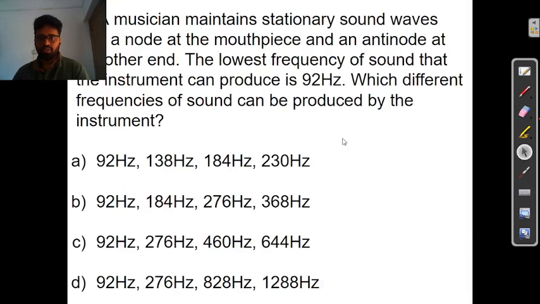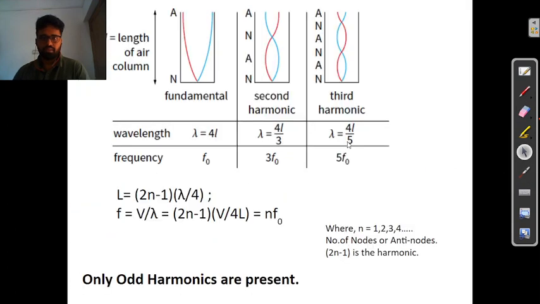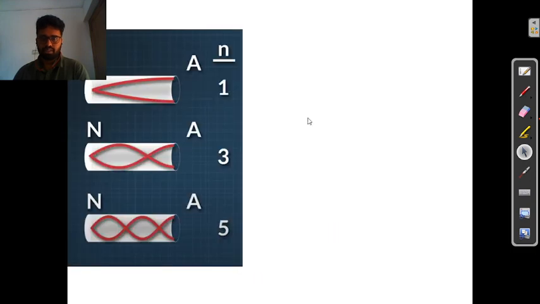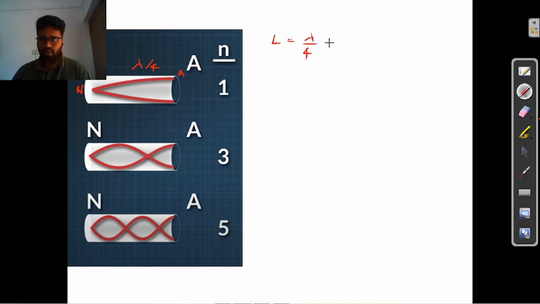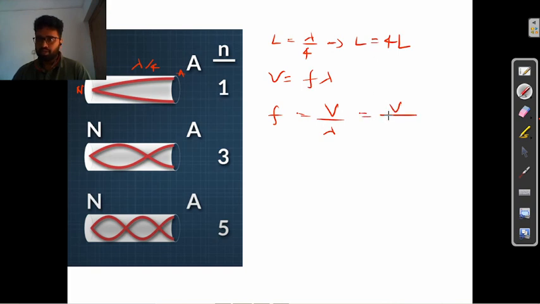So we can do the same thing by seeing the representation. So here this is lambda by 4, this is node and this is antinode, and L is equal to lambda by 4. So lambda is equal to 4L, and as V is equal to F lambda, F is equal to V by lambda, and lambda is equal to 4L.